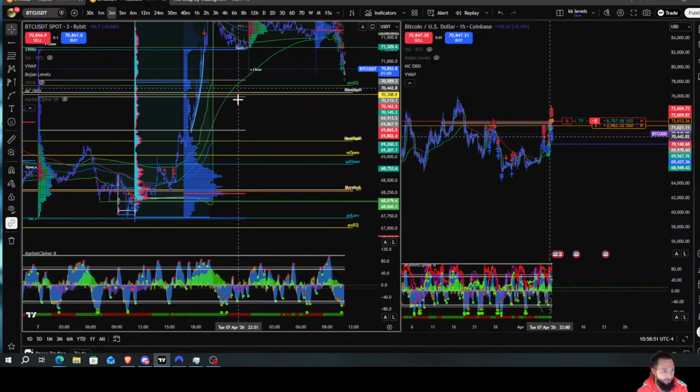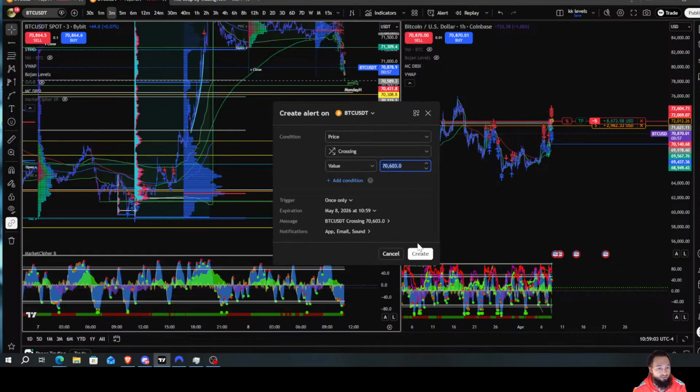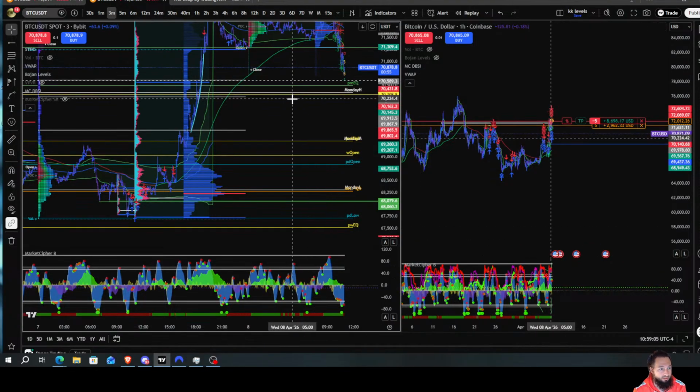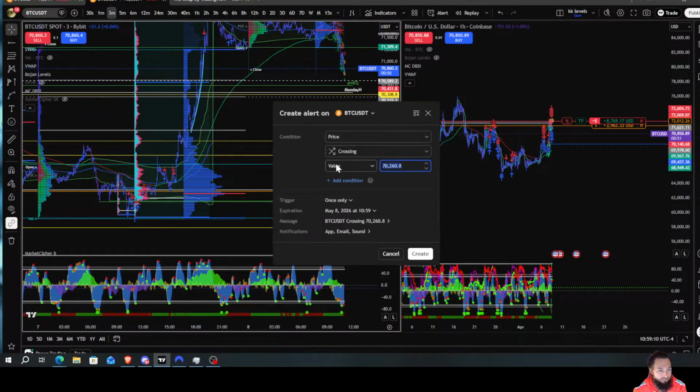I'm holding for down here. Not this single print, not this single print, but definitely this single print at 69,500. That's what I'm looking for. And I'm going to go ahead and set some alerts.